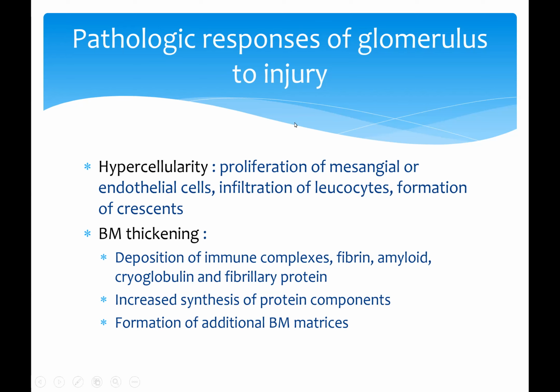In addition, as it is written here, it may also be that the hypercellularity is secondary to infiltration of WBC, like neutrophils, monocytes, and even lymphocytes. The inflammatory cells, the swelling and the proliferation of the mesangial cells, which may be accompanied by endothelial cell proliferation, will then be responsible for your glomerular hypercellularity.